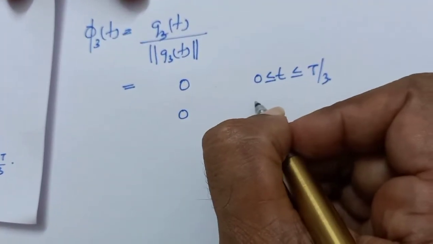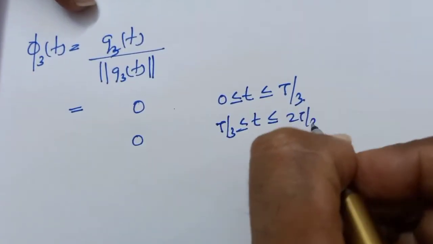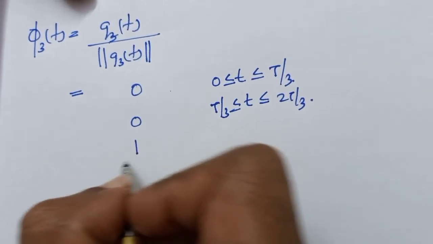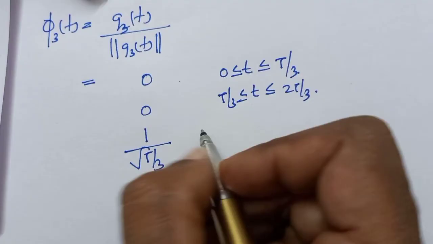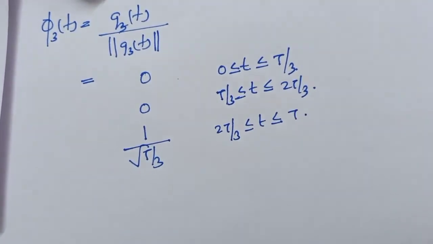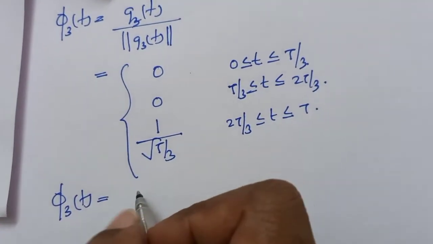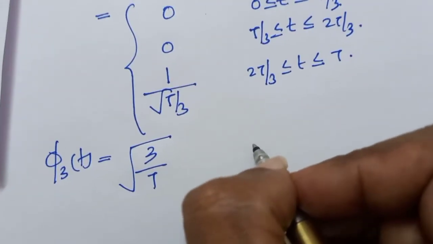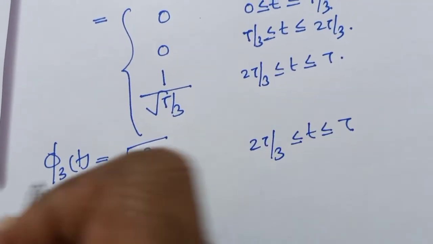Again 0 for T by 3 less than or equal to t less than or equal to 2T by 3. Again, 1 divided by the norm of g3(t), which is root of T by 3, in the range of 2T by 3 less than or equal to t less than or equal to T. So phi3(t) is calculated as root of 3 by T in the range of 2T by 3 less than or equal to t less than or equal to capital T.